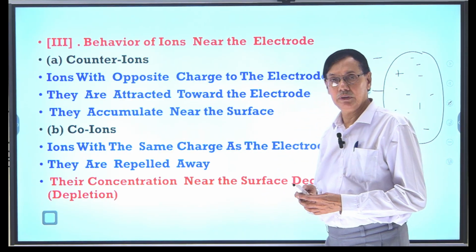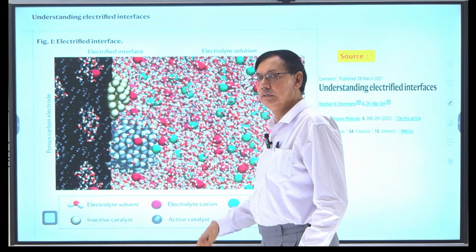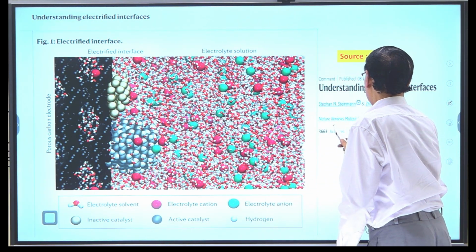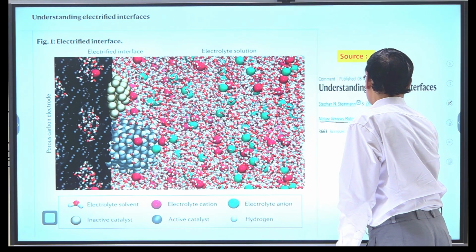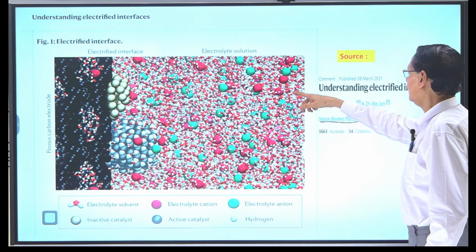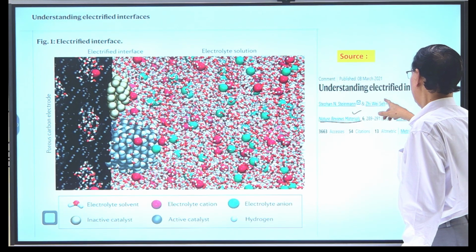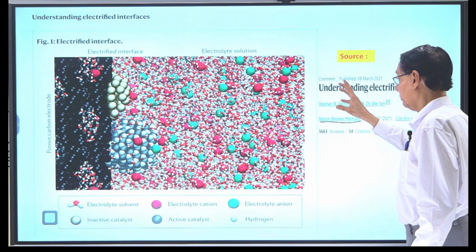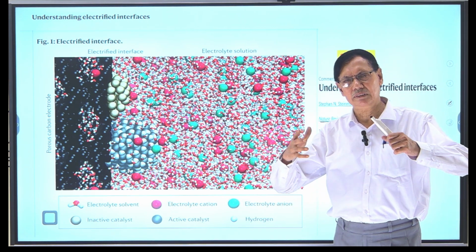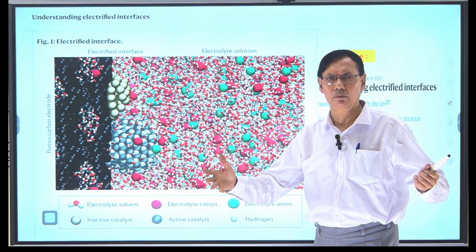I'll show you some of the very important diagrams I'm taking from. I'm really grateful to the internet and a very famous journal, Nature Reviews Materials, and I'm taking this diagram of understanding electrified interfaces from Nature Reviews Materials, one of the best journals, just to understand what is actually electrified interface or electrical double layer.